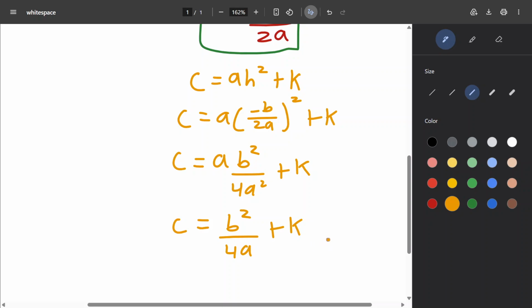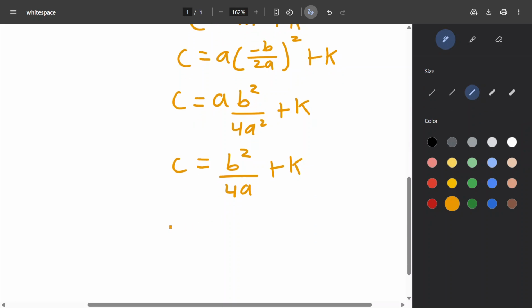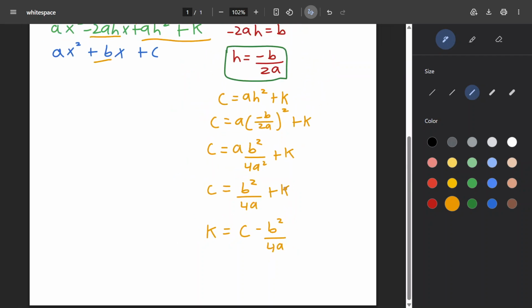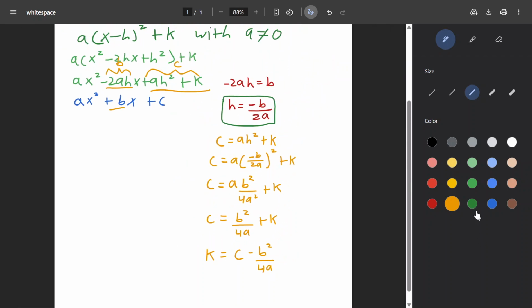Remember, our goal at the beginning was to write k in terms of a, b, and c. Let's isolate k. Let's subtract b squared over 4a from each side. Okay, and we have that k equals c minus b squared over 4a. All right, we have h and k.